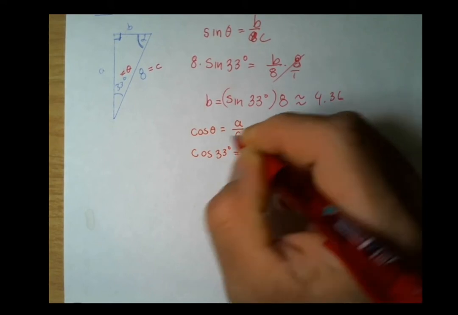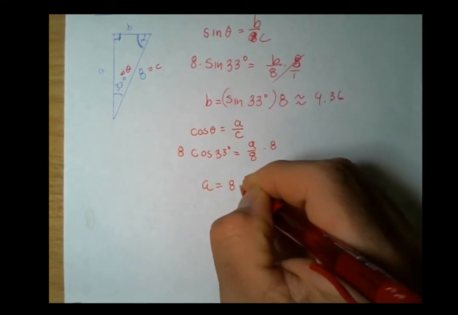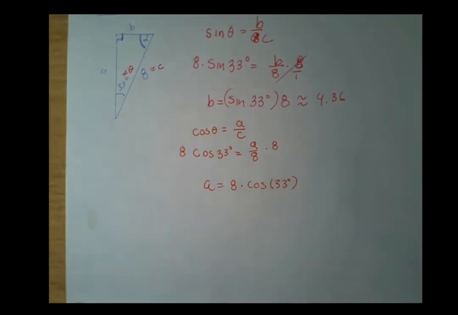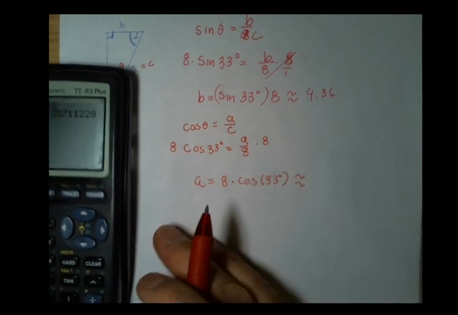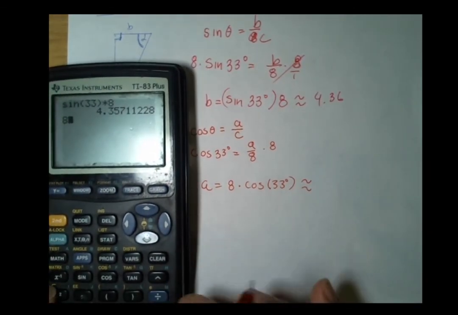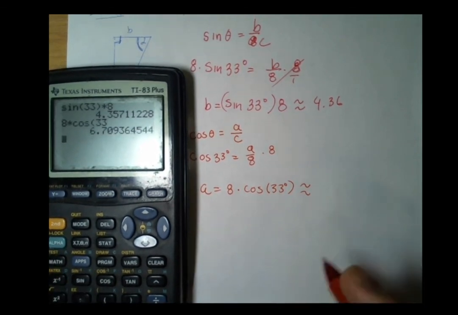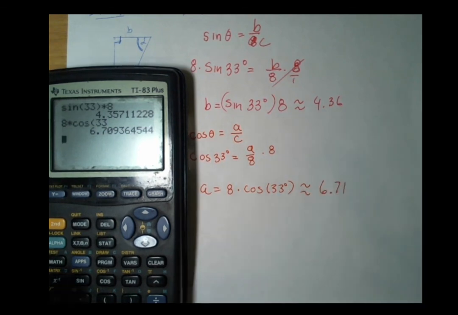Multiplying both sides by 8, we get a is equal to 8 times cosine of 33 degrees. And again, not a common angle that's on the unit circle, so I will have 8 times cosine of 33, and that is approximately 6.71.